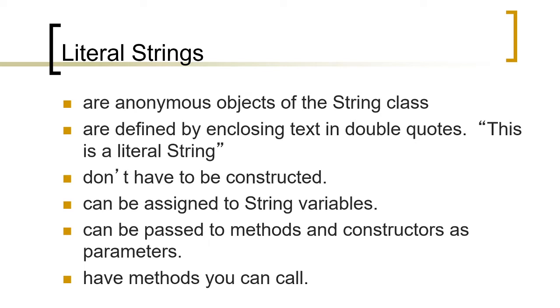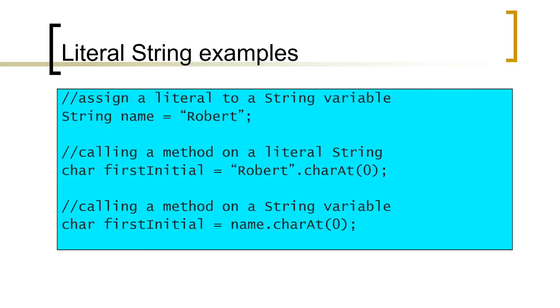It can be assigned to a string variable, of course, and can be passed to methods and constructors, just like any other Java object, and have methods that you can call. So these are string examples. We can assign a literal enclosed in double quotes to a string variable, in this case a string variable called name.